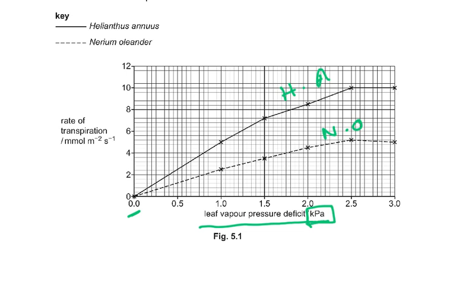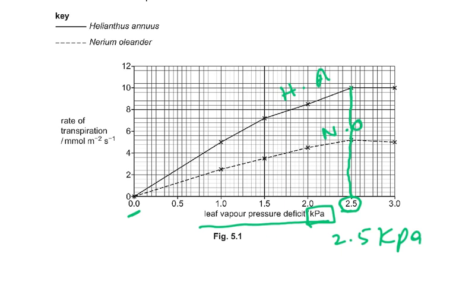So no transpiration when LVPD is 0 kPa. Both increase in transpiration until 2.5. You can see here both of them are increasing and then become constant. So both increase in transpiration until 2.5 kPa. That got you another mark.